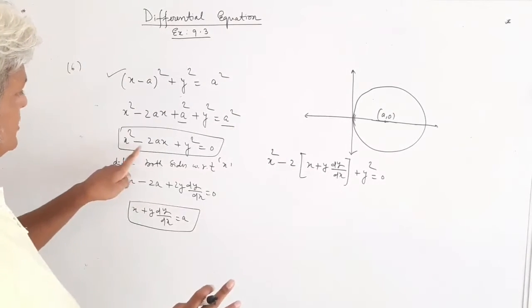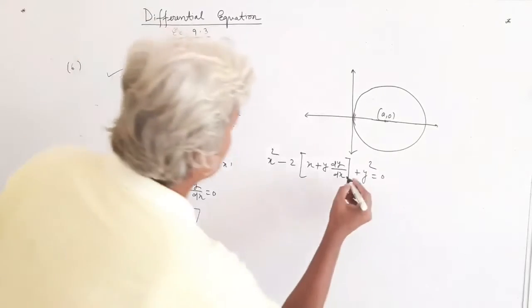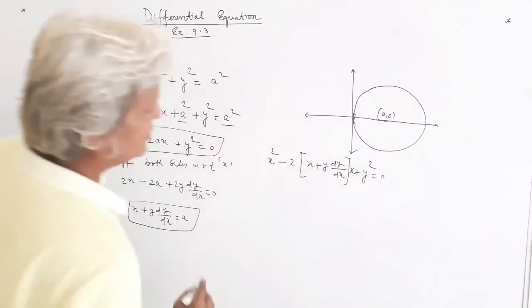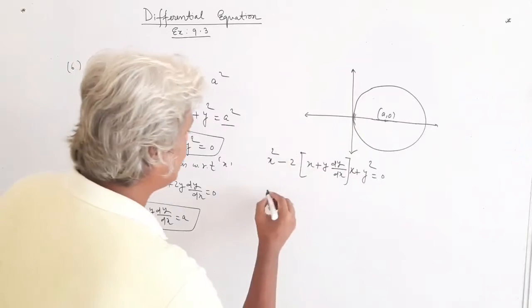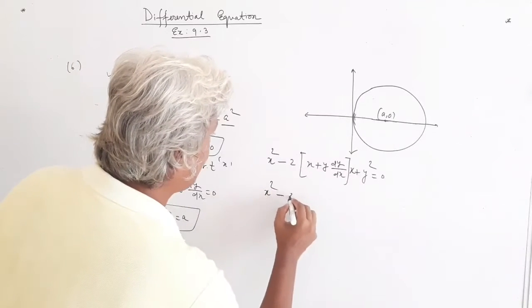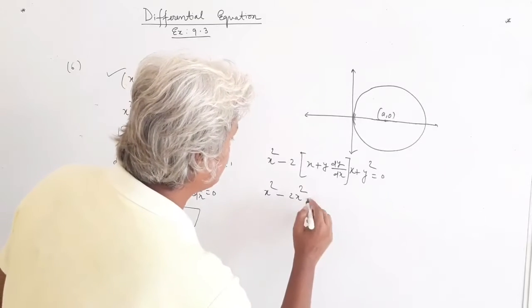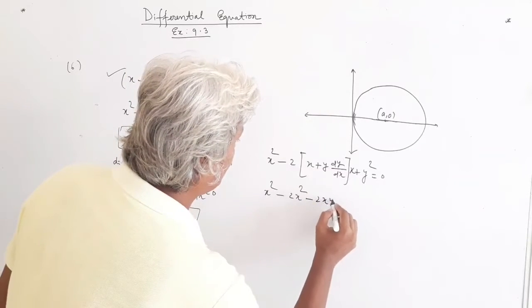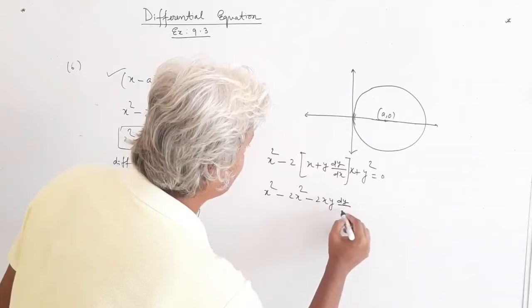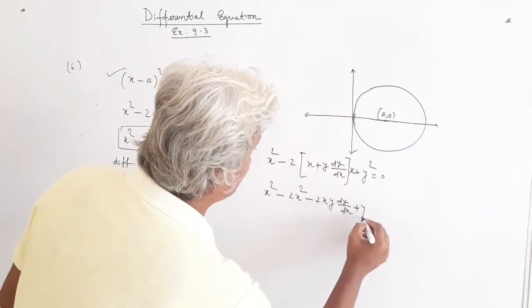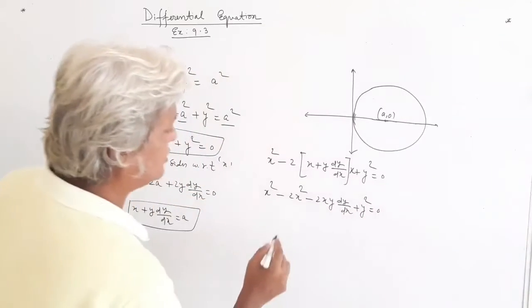One problem. For 2ax, we have to write this x also here. So now if I simplify this, I'll get x² − 2x² − 2xy dy/dx + y² = 0.